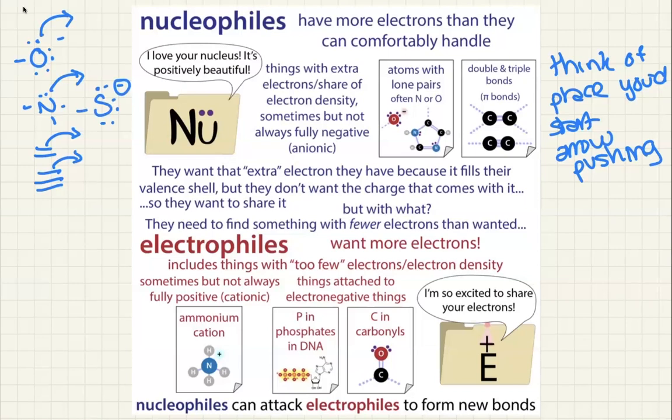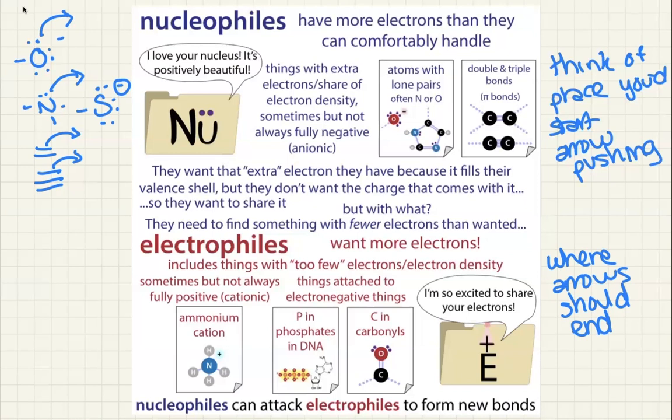Okay, in terms of an electrophile, this is where arrows should end when we're doing our arrow pushing. Electrophiles love electrons. Nucleophiles love nucleus, that's where the protons are. Electrophiles love electrons.